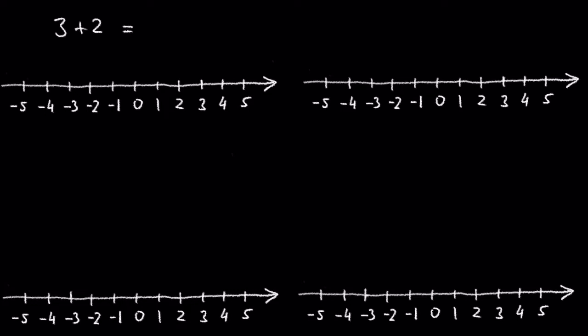First, find the point on the number line corresponding to the first number. Then, at this point, we represent the addition of the number 2 with an arrow pointing to the right.